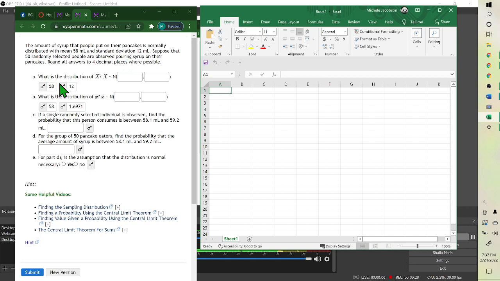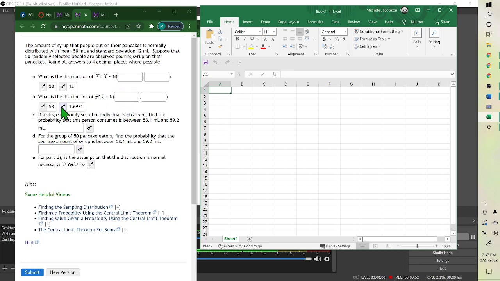So for the first one, this is a distribution about x, one single value. And so this is your mean and your standard deviation, which were 58 and 12. Now notice this has x with a line over it, so an average, more than one, like for part D, a group of 50.